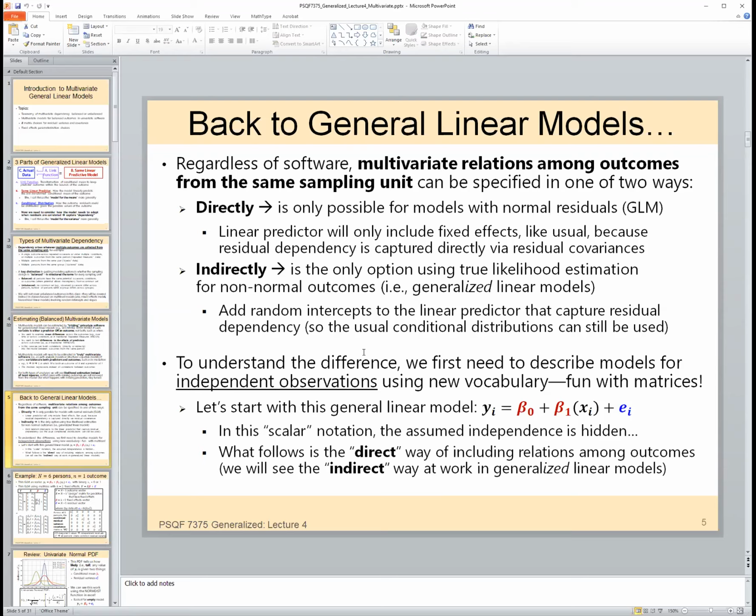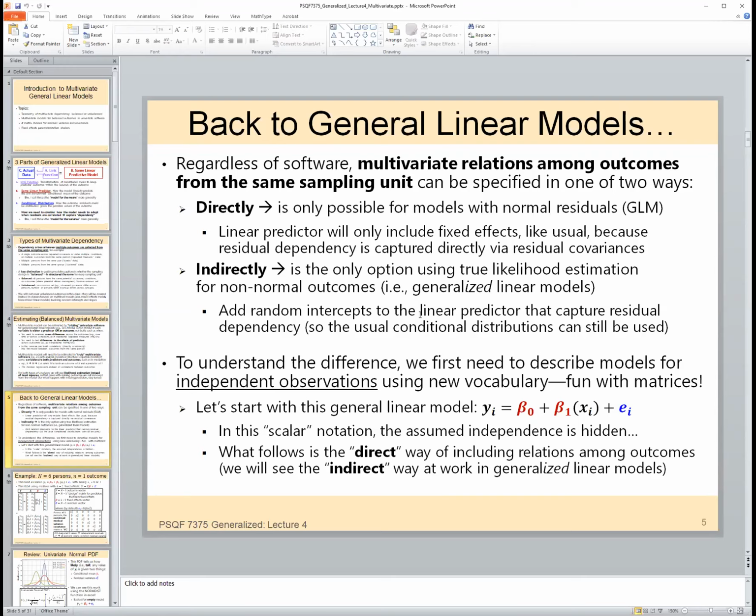For a family, you might have the mom and the dad, or the grown-ups versus the kids, something that's balanced like that. You can do it directly, which is super easy, or you can do it indirectly, which is a little more complicated and harder to know that it works. So directly is just, we put instructions into the model that says residuals from the same unit get to be correlated at the end. That's it.